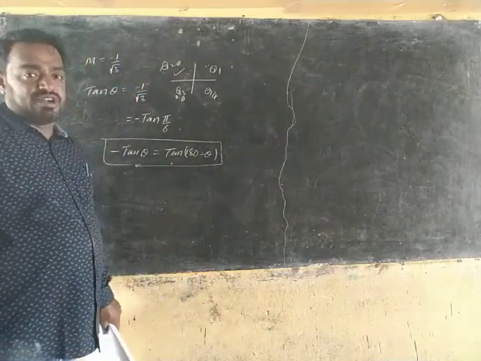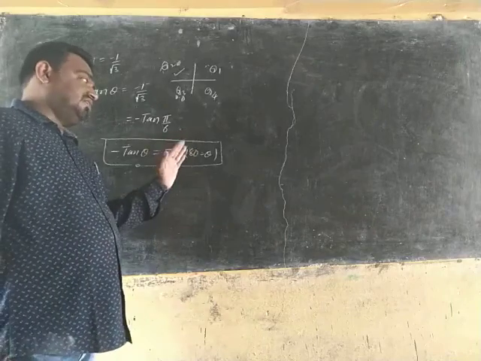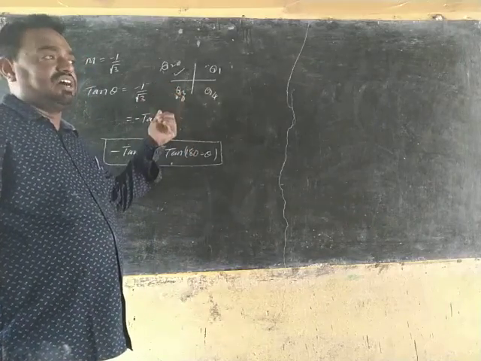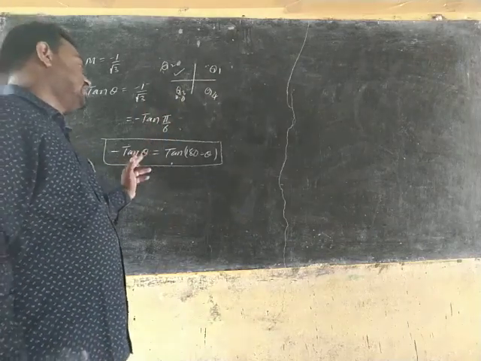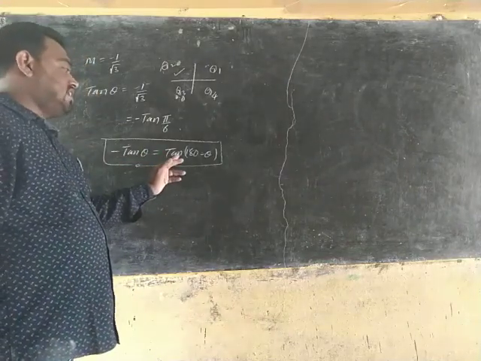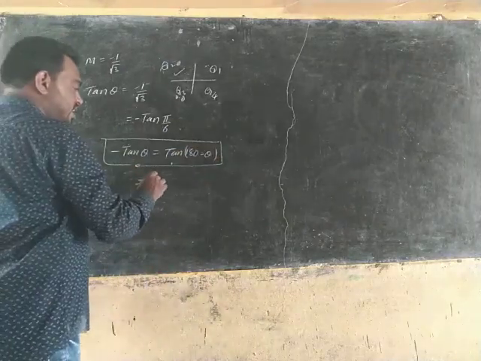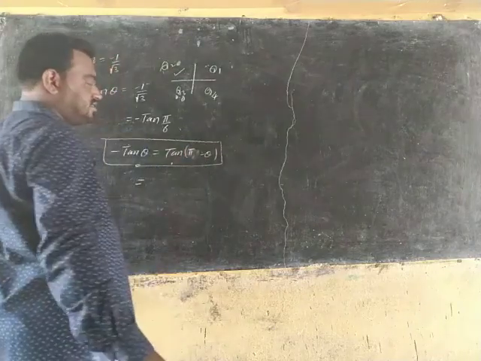In the chapter trigonometry, I will explain completely how they are changing, for which angle, which quadrant, which are positive, which are negative, everything. You remember this formula: minus tan theta is equal to tan of 180 minus theta. 180 degrees is nothing but pi radians.